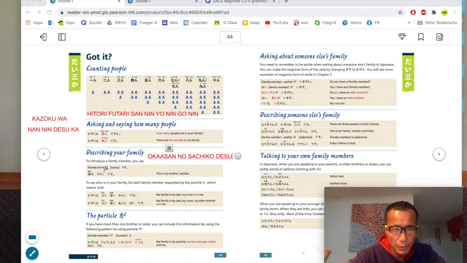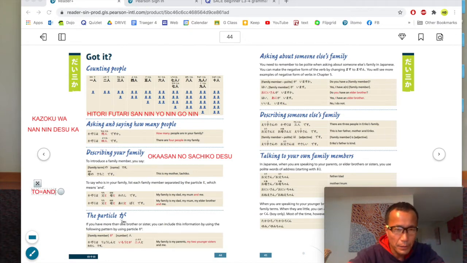Again, family member の name です。Now here it says that if you have multiple members, you would say と。Thing と thing と, for example, 家族はお父さんとお母さんと私です。Stuff like that. Again, と is "and".